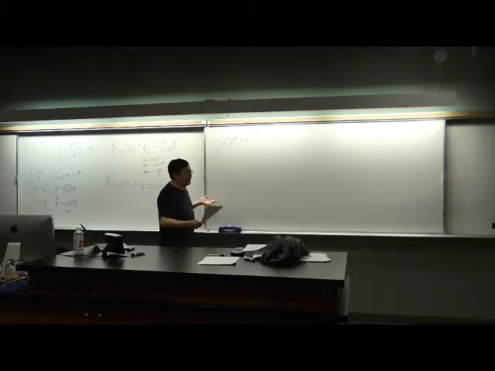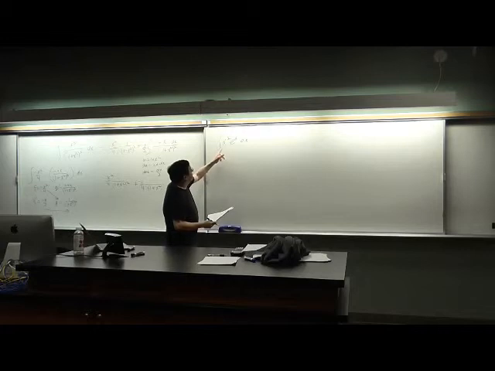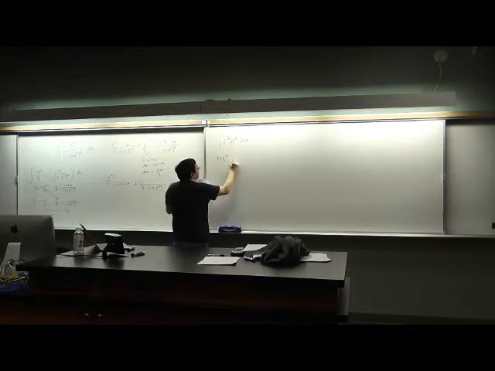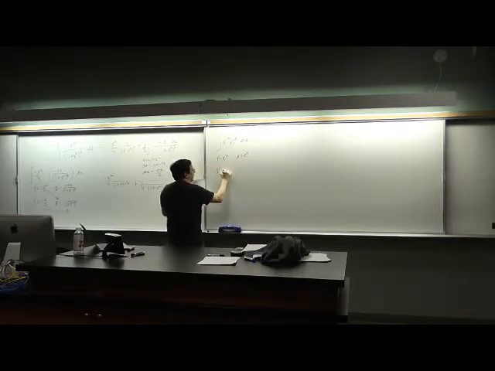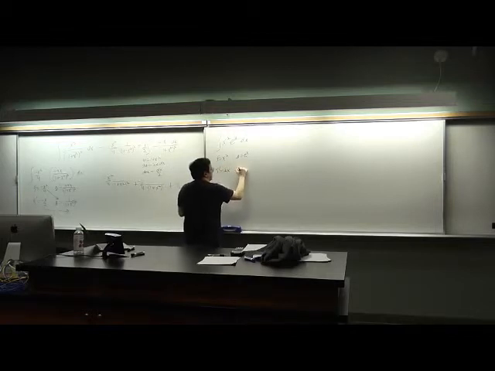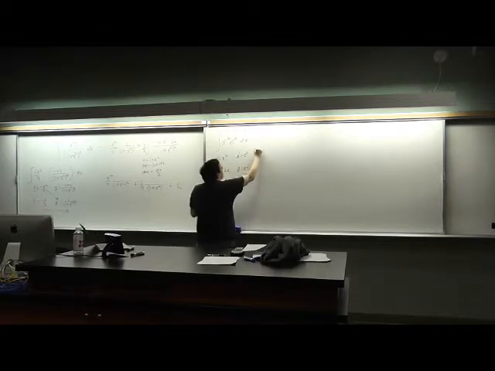Well, we did something like this already, right? So it looks like f should be equal to x squared, and g prime should be e to the x, f prime is 2x, g is e to the x.